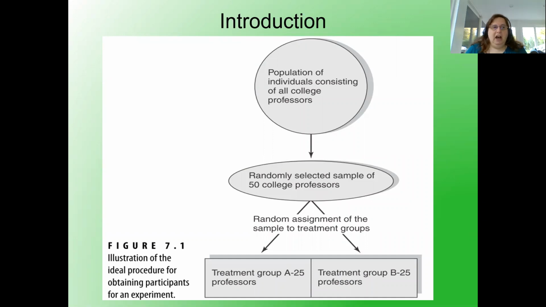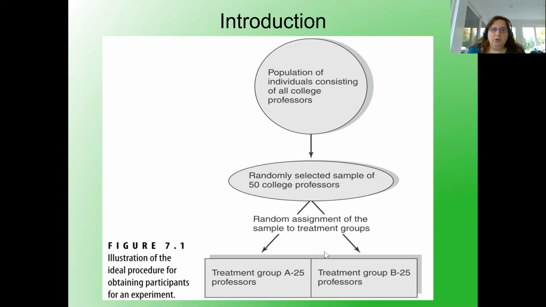So in an ideal world, here is how things would work. If we're doing a study about college professors, and we're going to have two groups, then we would start off with a population of individuals consisting of all college professors. We would randomly select a sample of 50 college professors, and then we would randomly assign the sample to two treatment groups.